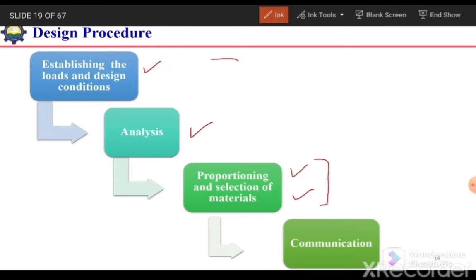The previous two are related to analysis. And finally, we need to communicate our design selections. So these are the 4 steps which are required for the design of any structure. Either it is concrete structure, steel structure, wood structure, composite structure, whatsoever is the type of structure, we will follow these 4 steps.